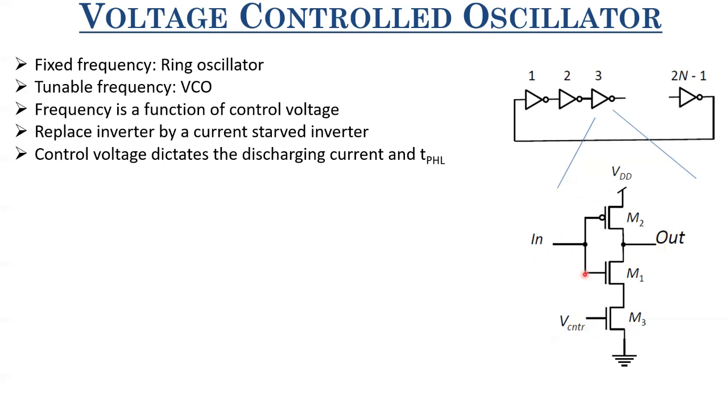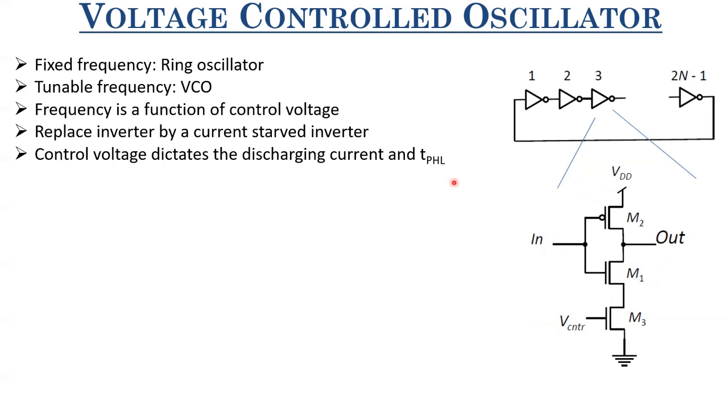So when the input is 1, the discharging is dependent upon M1 strength as well as M3 strength. And since M3's driving strength is dependent upon its gate voltage, which is V control, the amount of current that flows through the pull-down network is controlled by V control, and hence it can modulate your TPHL.